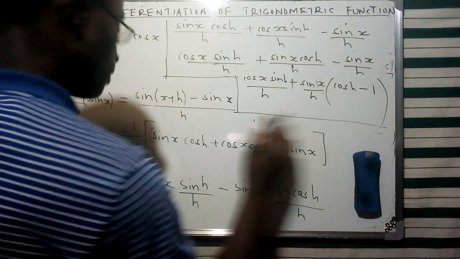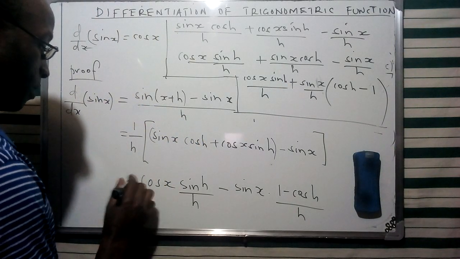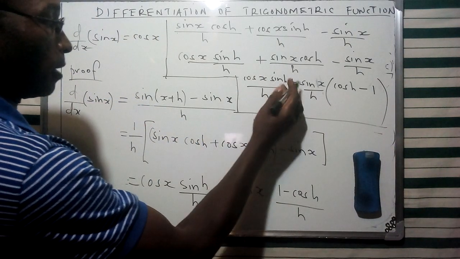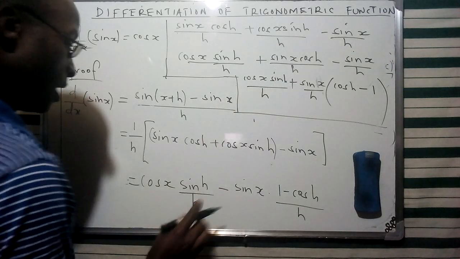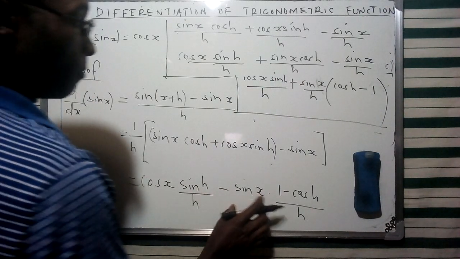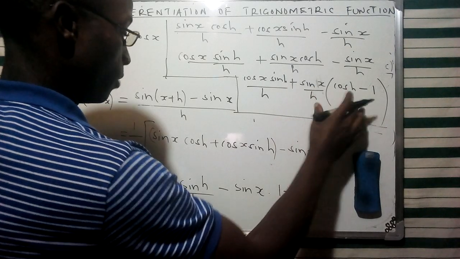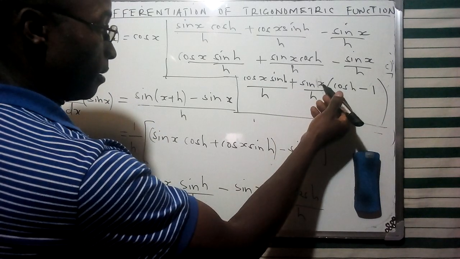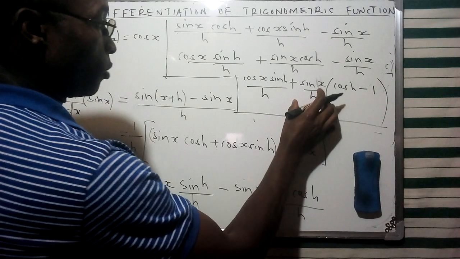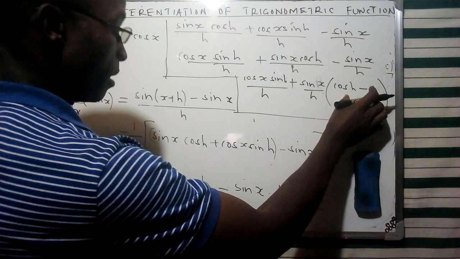So in this case, therefore, this is going to reduce into this particular form. You can see the first section that we have is the cosine of x, sine h over h, this specific function. And of course, the other one can be given in terms of minus. So this one can be changed to minus the sine x over h, and then we're going to have this one given in terms of a positive.